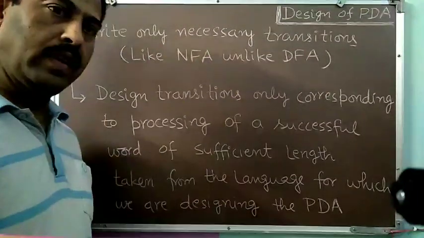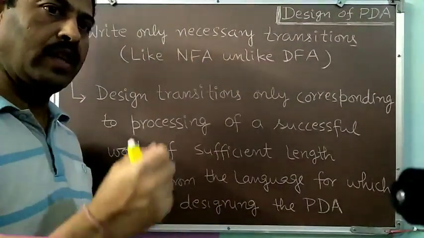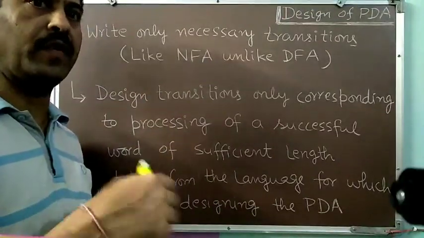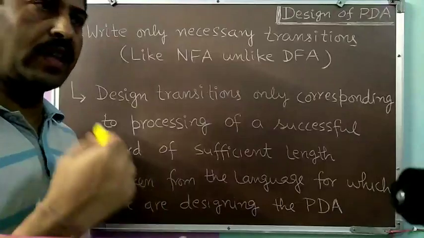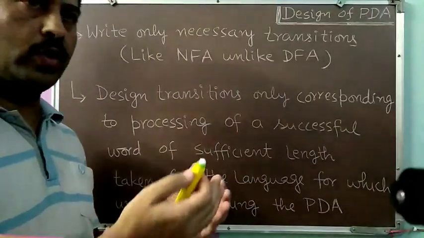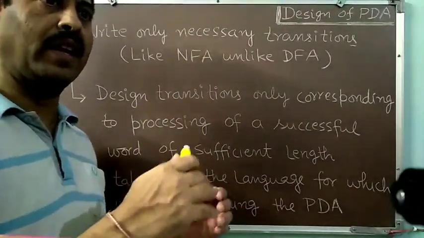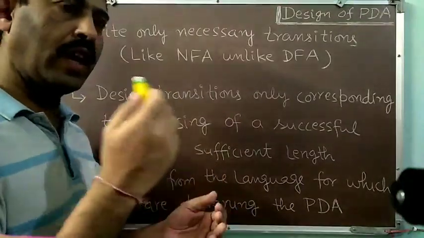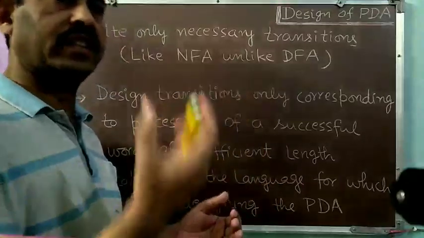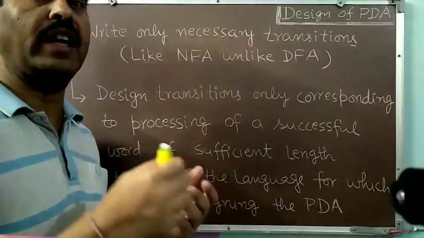Now how will we decide which transitions are necessary and which transitions we may leave? For this, we have to design a strategy. So designing a PDA is like designing a program. We have to see the successful scenarios, what functionality we want.